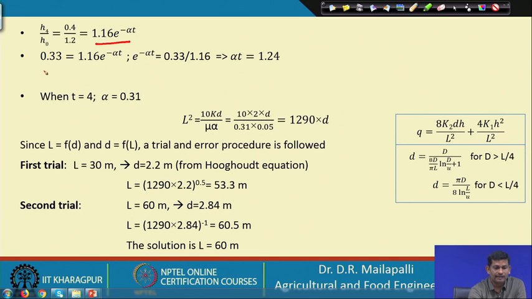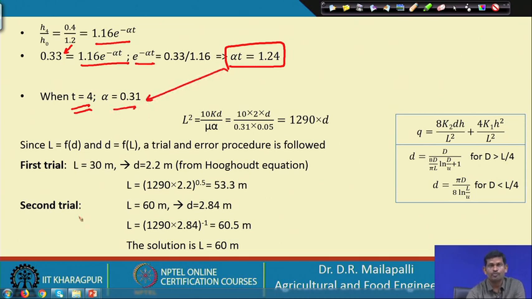So, this is 0.33, equal to 1.16 e power minus alpha t, and finally alpha t will be 1.24, and when t is equal to 4, alpha is equal to 0.31. Now, L square, using the Glover-Dumm equation, L square is 10 k d by mu alpha. So, all values are given.